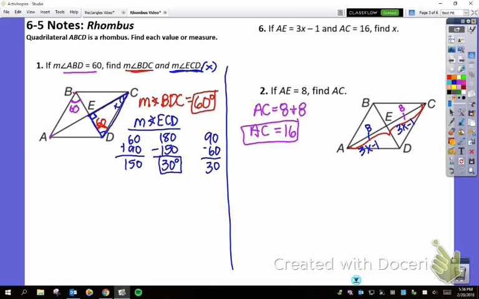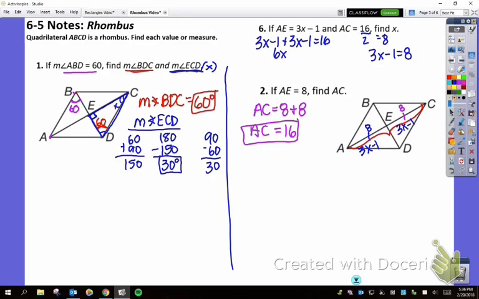So you could say 3x minus 1 plus 3x minus 1 equals 16. Now, if AC is the whole thing, you could say AC divided by 2 equals 8, and you could say 3x minus 1 equals 8. Two different options that you have on this type of problem.